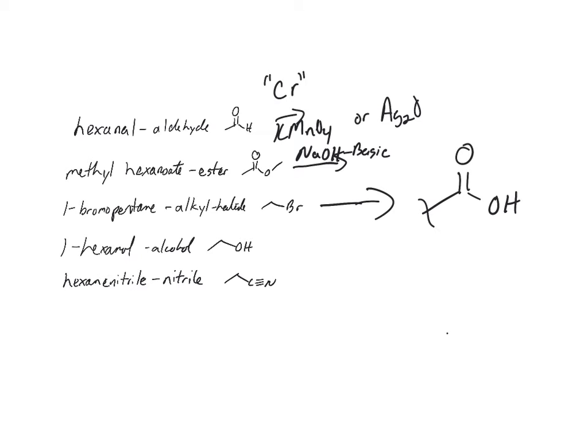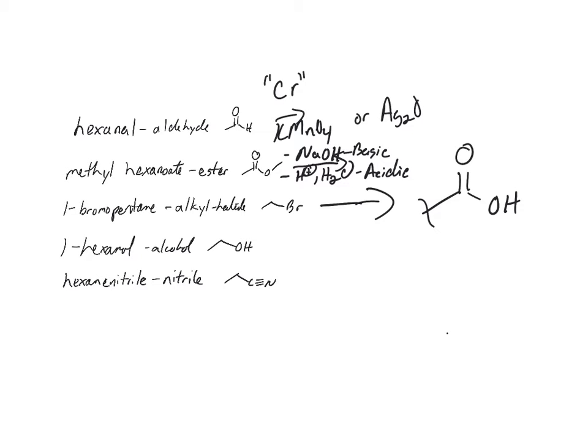H plus and water. I think we went over similar mechanisms that turn any ester into a carboxylic acid. One way is with base, NaOH and water probably, and the other way is H plus and water. Sometimes you need to heat these up too, but acidic and basic. So it turns an ester back into a carboxylic acid.